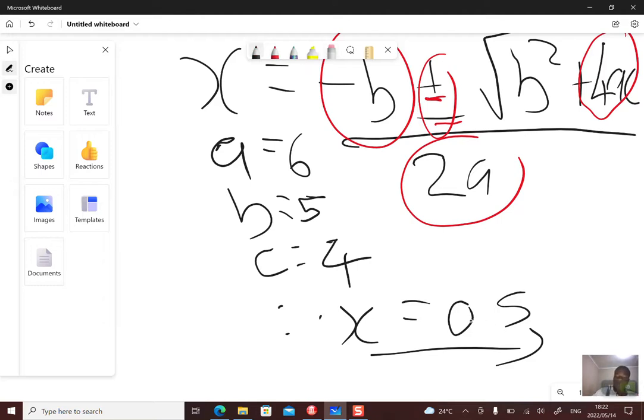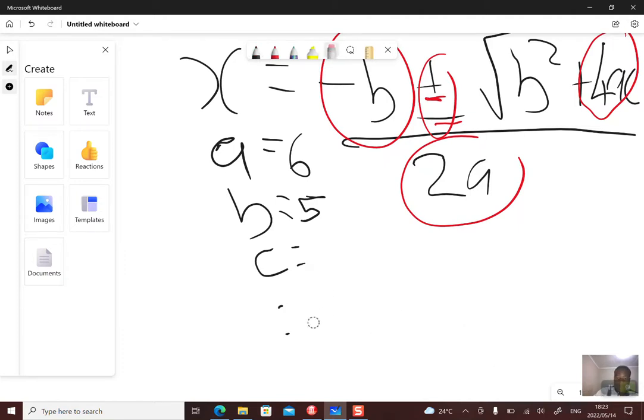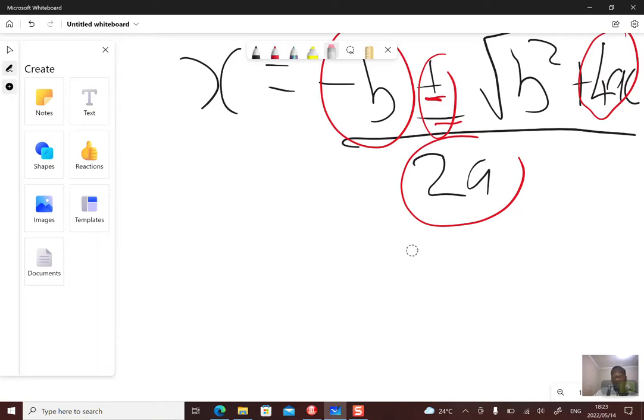So here we're gonna have to break this. So here's our quadratic formula, right?